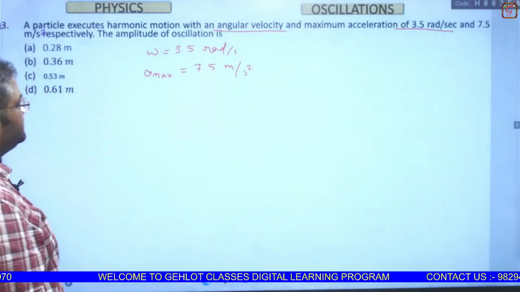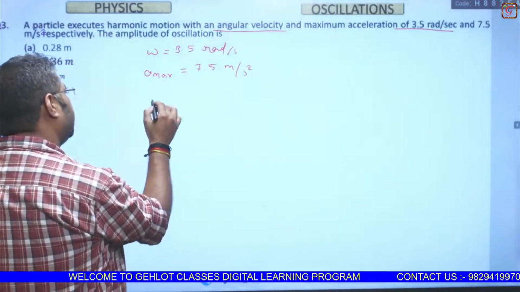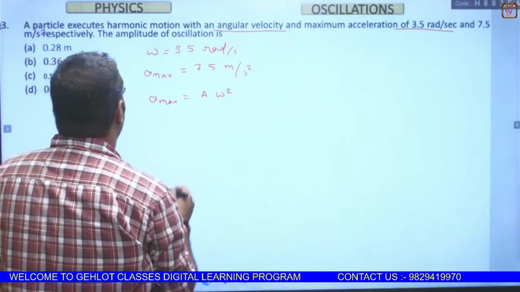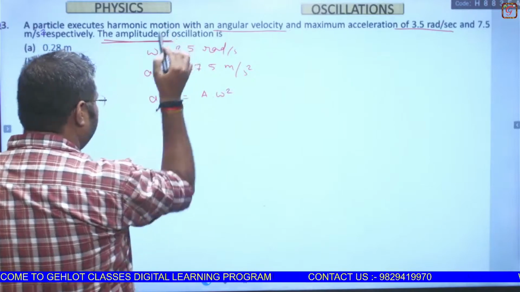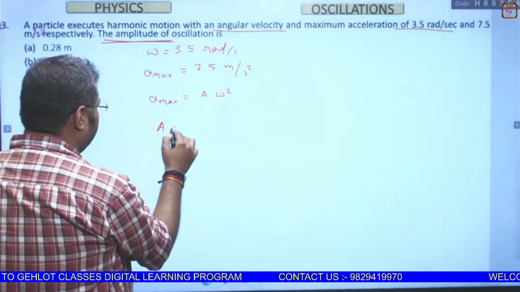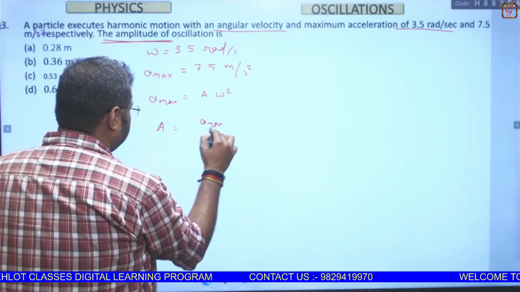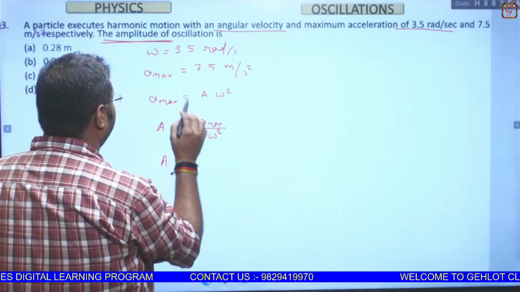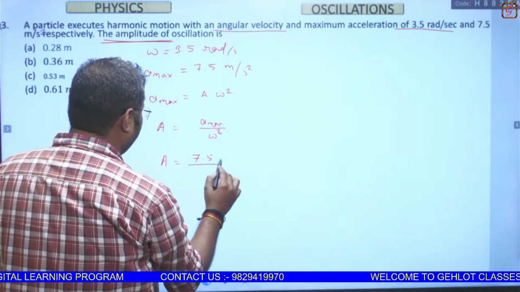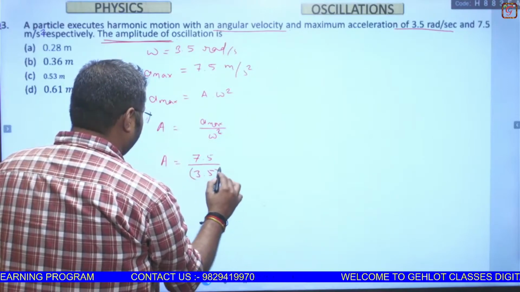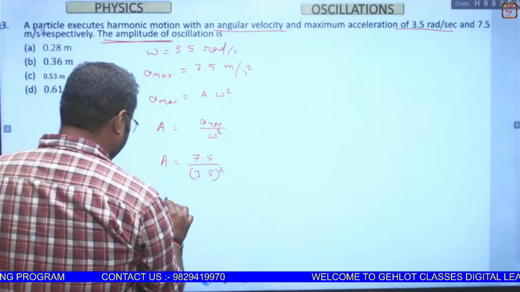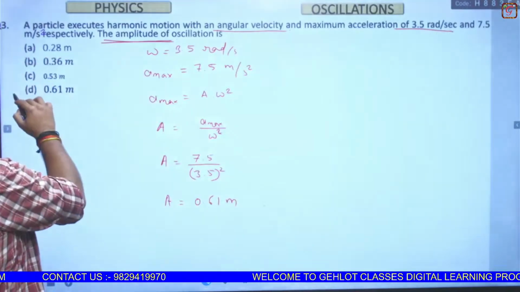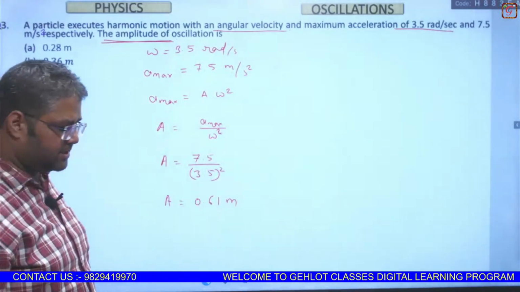So substitute the value in A max. A max can be written as A into omega square, and the examiner has asked us the amplitude. So A can be written as A max divided by omega square. Now substitute the values. A is equal to 7.5 upon 3.5 square, and the answer will become A is equal to 0.61 meters. So option D will be correct.